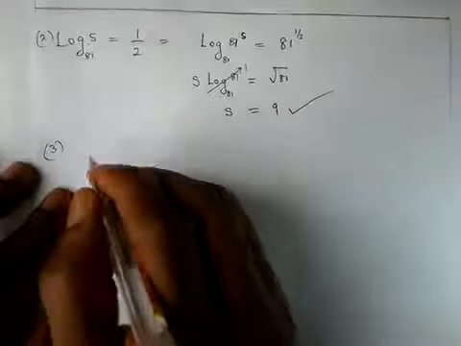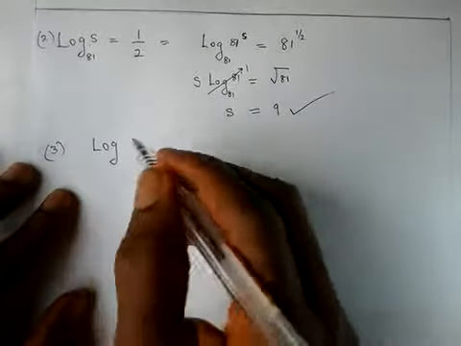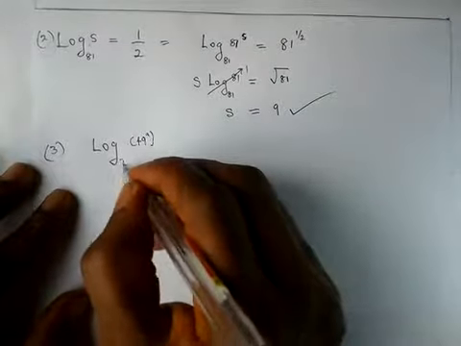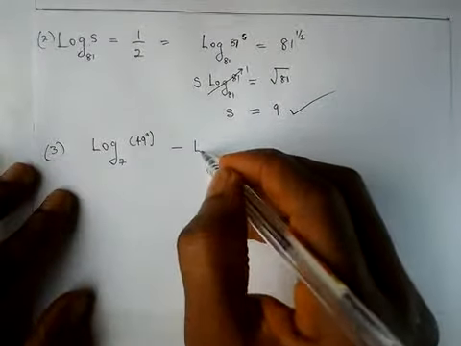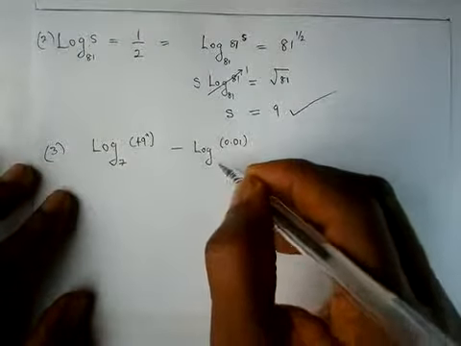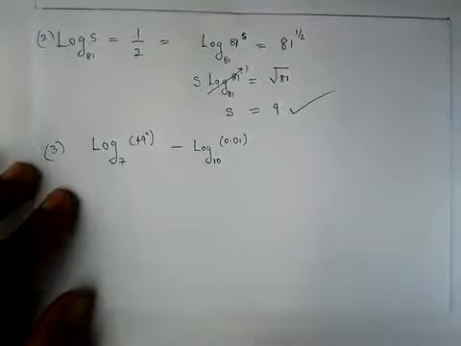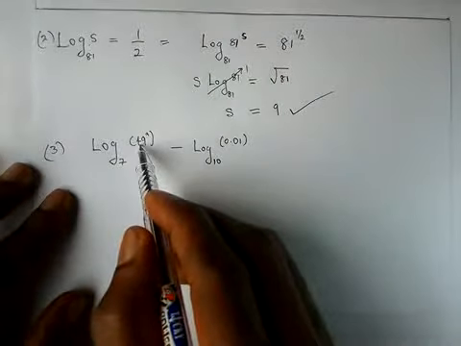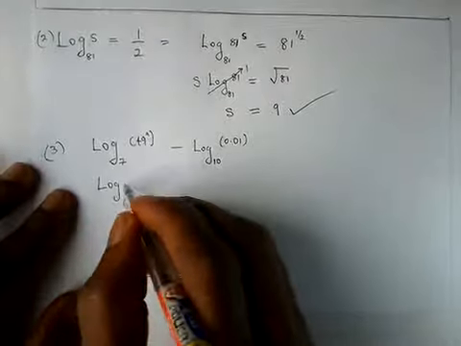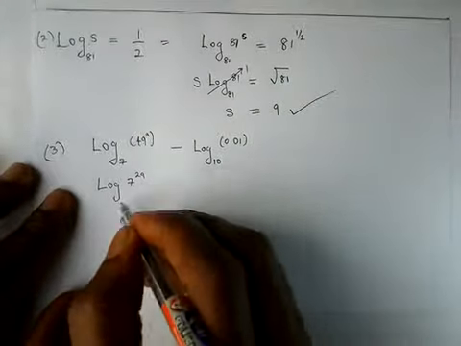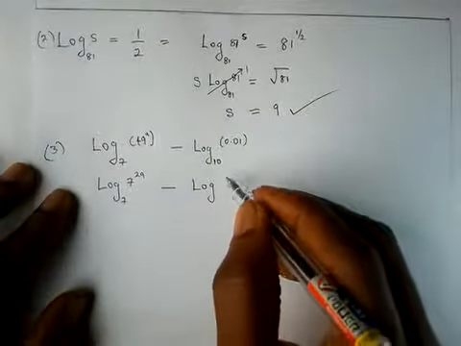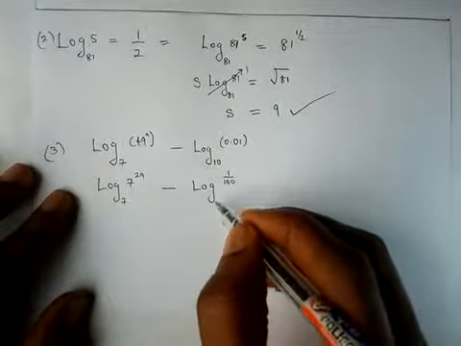we're told to simplify log 49 raised to power a to base 7 minus log 0.01 to base 10. Okay, now if you look critically, 49 has 7 raised to power 2, and this has a 10 there. So this is 7 raised to power 2a to base 7 minus log, this is 1 over 100.